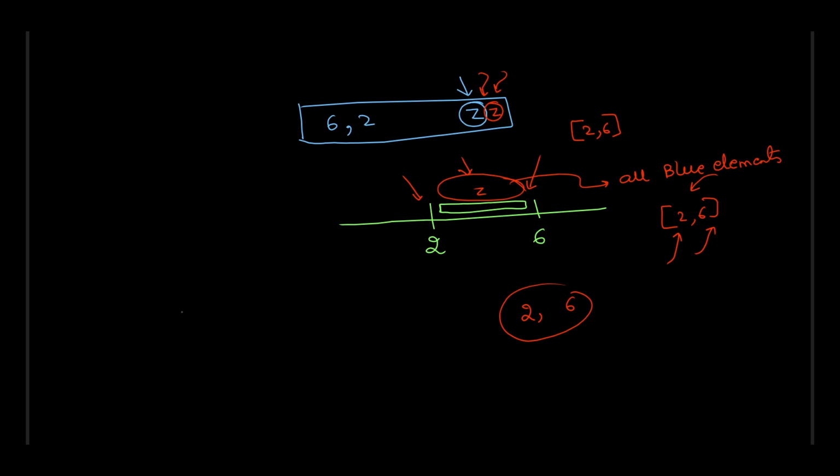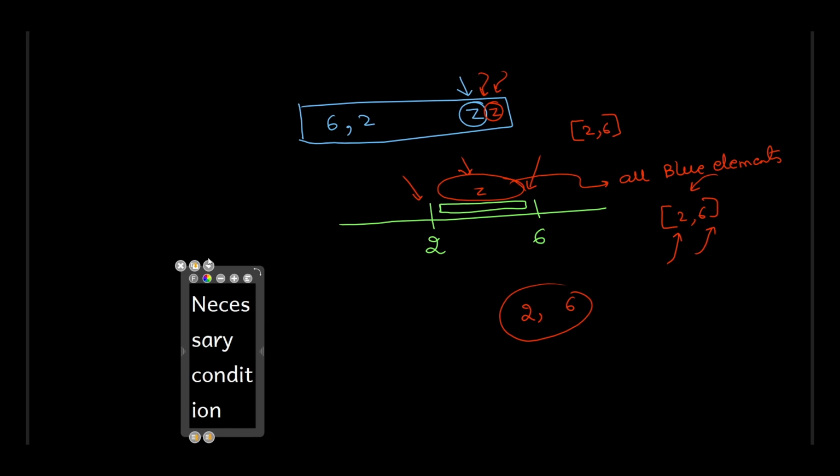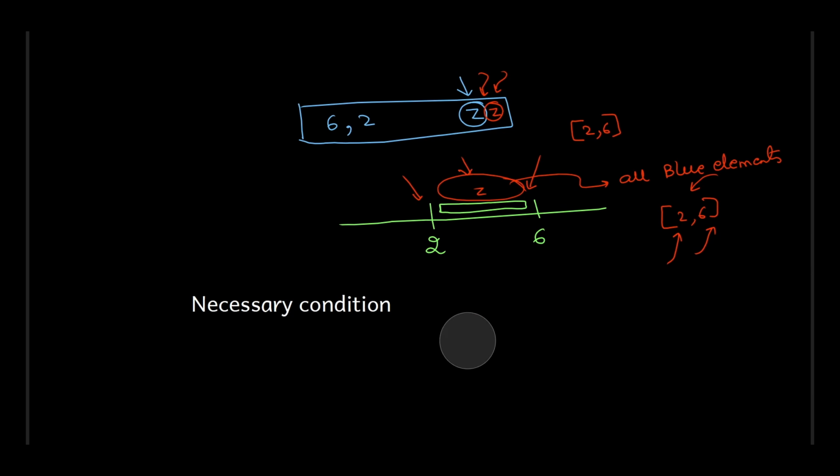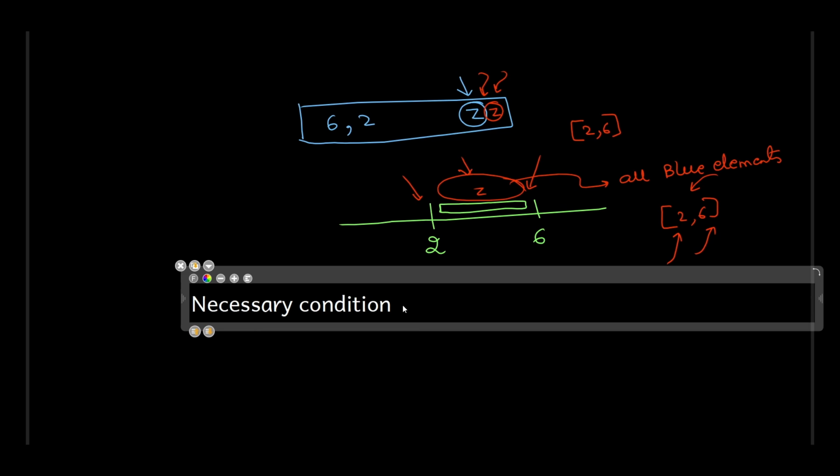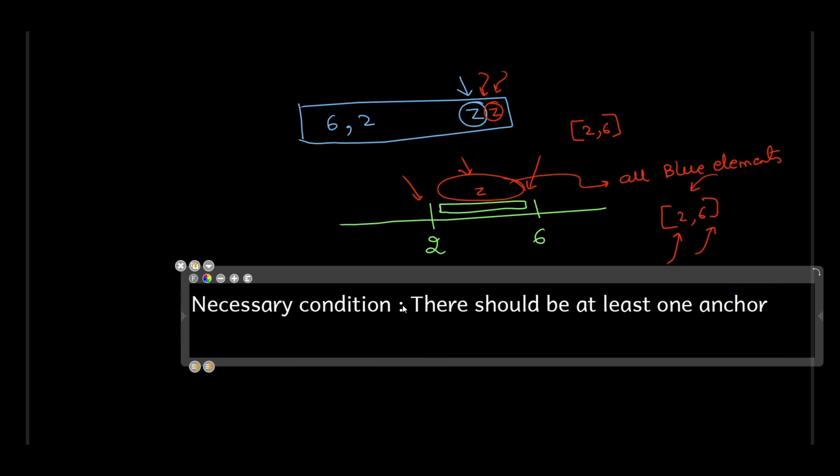So you can write this down: a necessary condition is that there should be at least one anchor, and an anchor is nothing but a blue element that is outside the interval 2, 6.